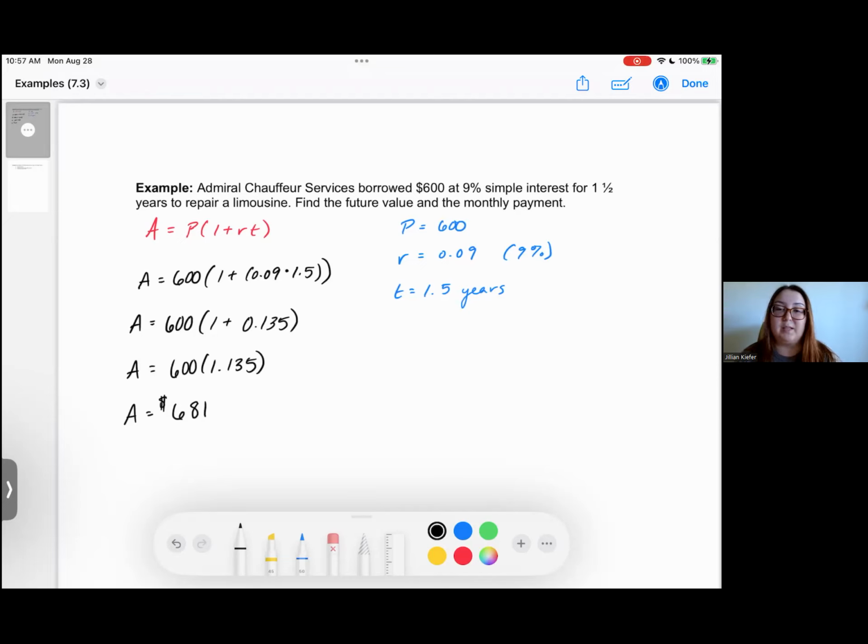Now we want to find the monthly payment. If we know this future value, and we're going to be paying it off over the course of the time of our loan, we want to go ahead and write that out. So we have 1.5 years for our monthly payment.